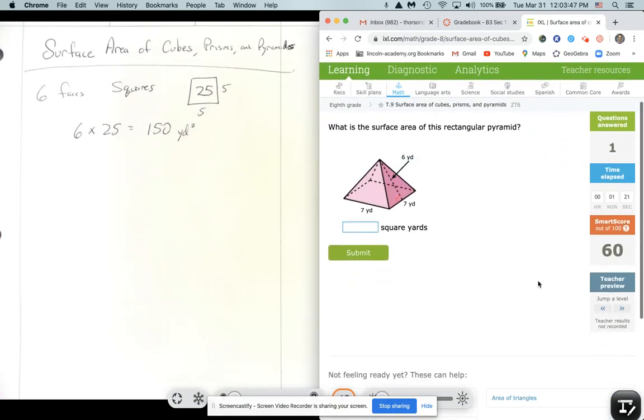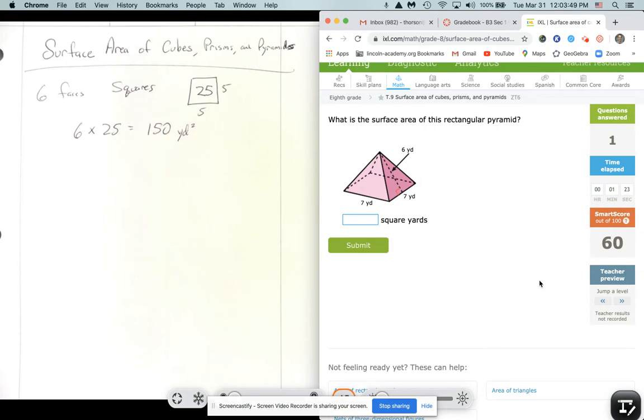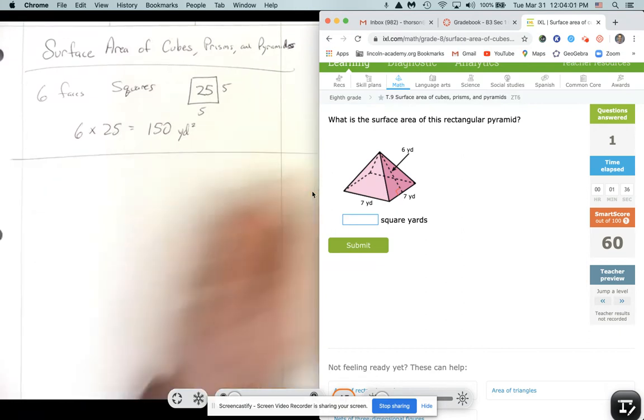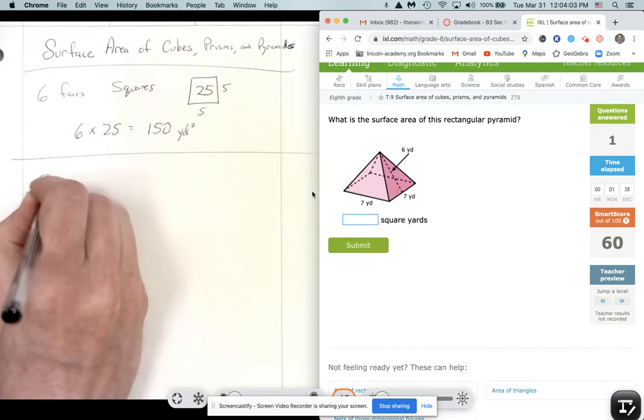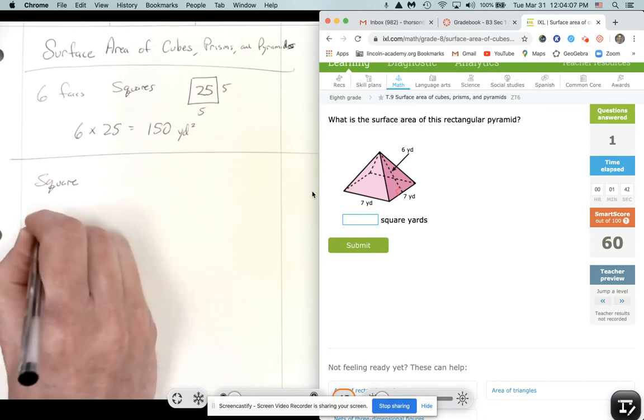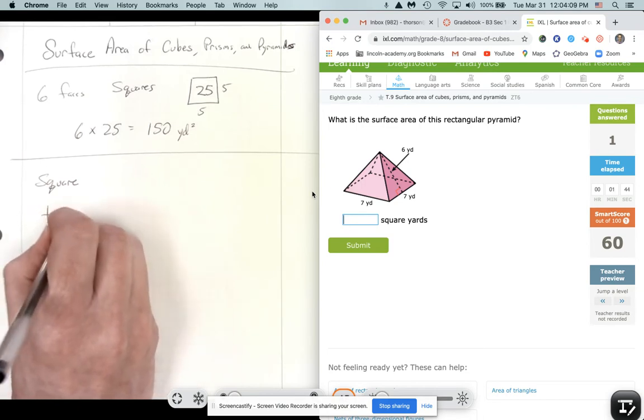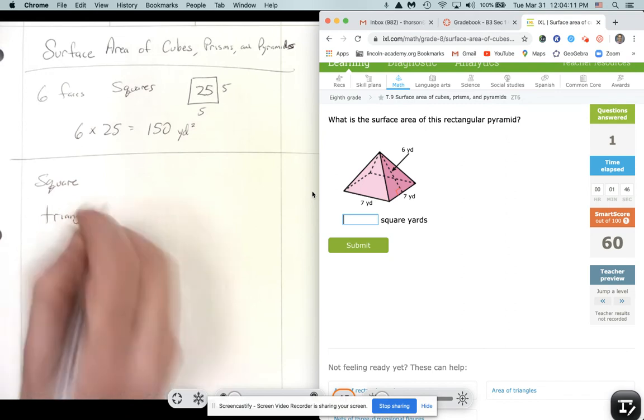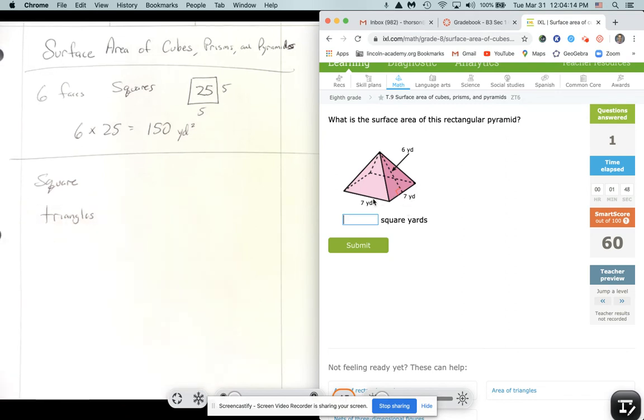Now here is a pyramid. A square pyramid, anyway, has how many sides? Well, it has the bottom of the pyramid and 4 of the sides. So I'm going to say I have a square bottom, and then I have 4 triangles, and I'm going to look to see if those triangles have the same dimensions, and they do.